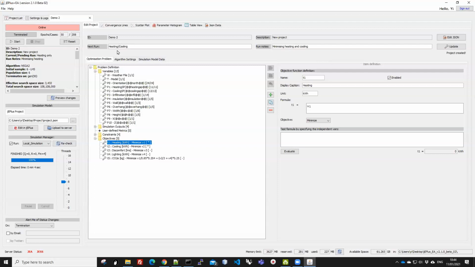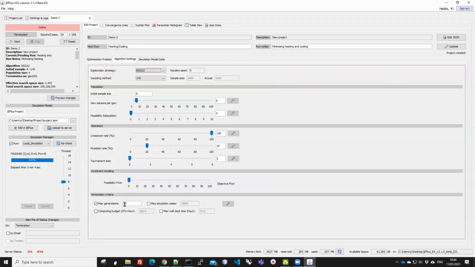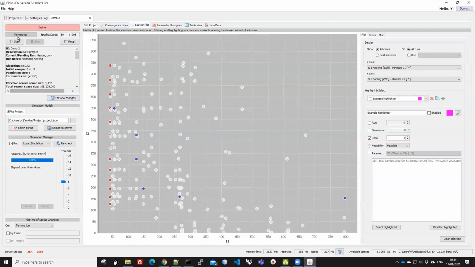I just add some notes to it and change it. I enabled one more objective, so now both heating and cooling are enabled. For the algorithm settings, last time I ran 50 iterations. This time I don't think I need that many, so I'll change it to 30, and that'll be it. Now I update the project, apply changes, and then I can run this project again.